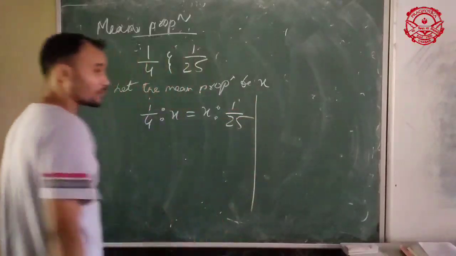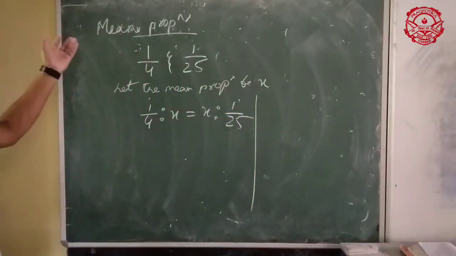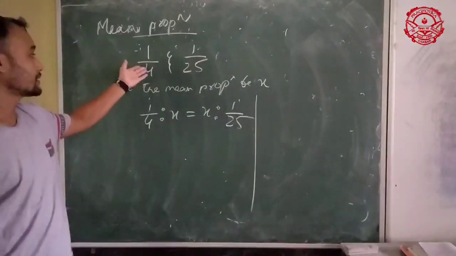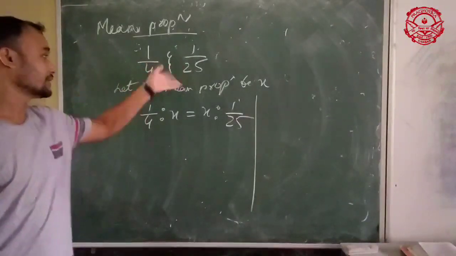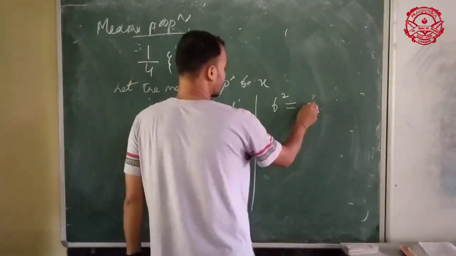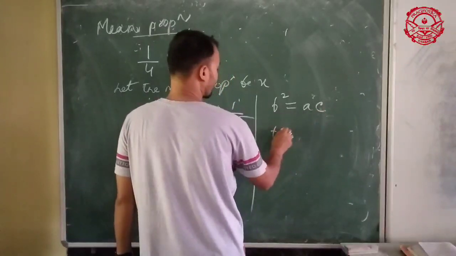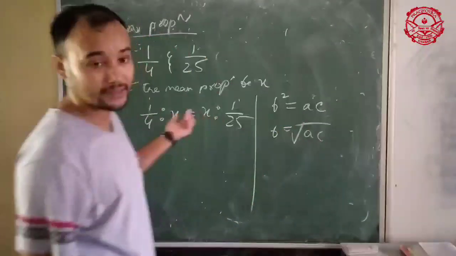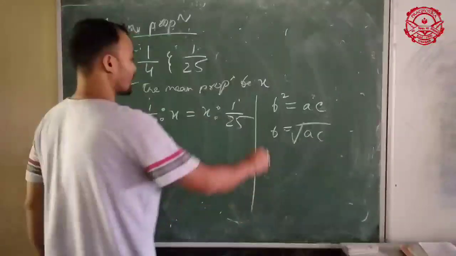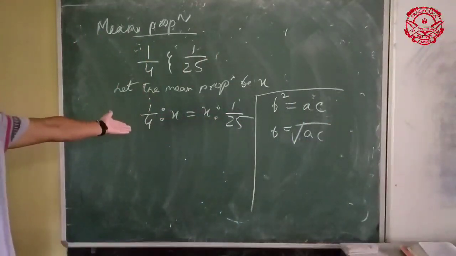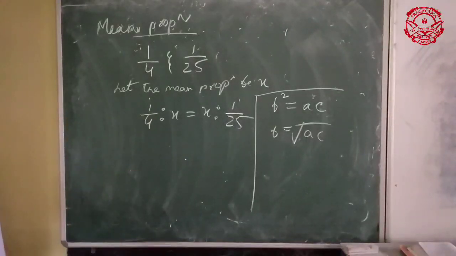I told you the square of the mean proportion is equal to the product of the two given terms, because of this formula, b square equals ac, or b equals root of ac. In my last class, I told you this is the formula of mean proportion. You can directly apply this, or you can put this in a systematic manner and do the calculation.